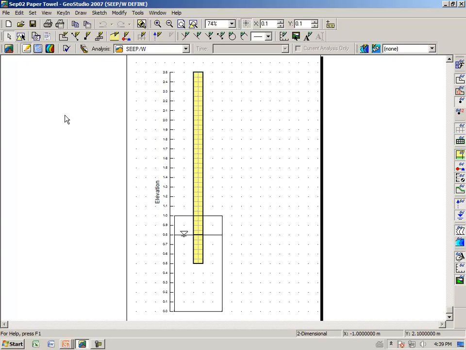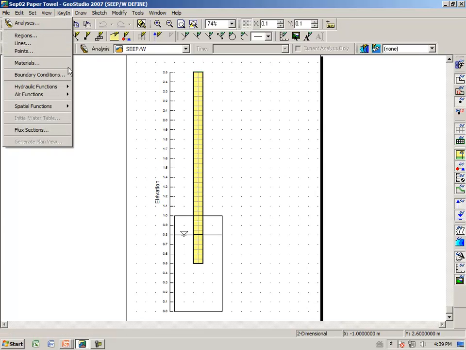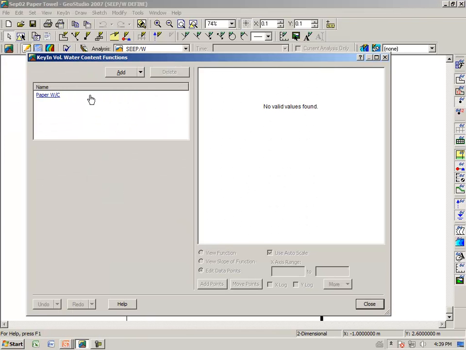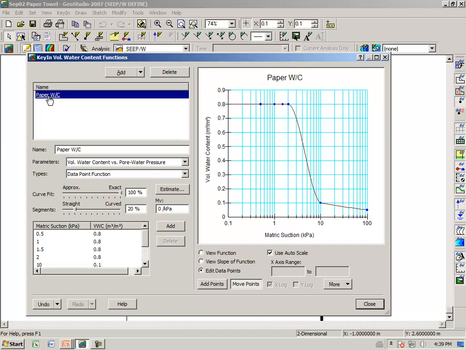To begin with, let us look at the material properties that were defined. Under Key In, hydraulic functions, volumetric water content. We will spend more time on how to define these functions, but for the time being, click on paper water content function, and you see here we have our volumetric water content function.